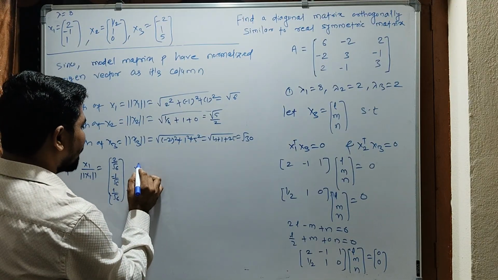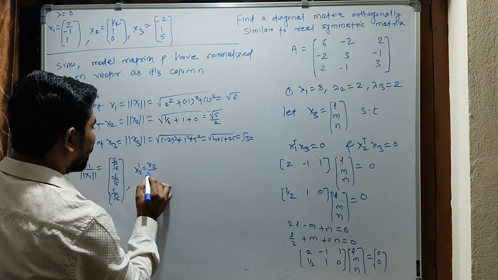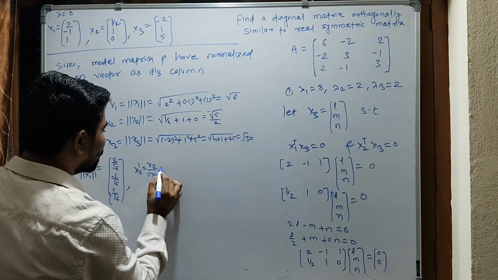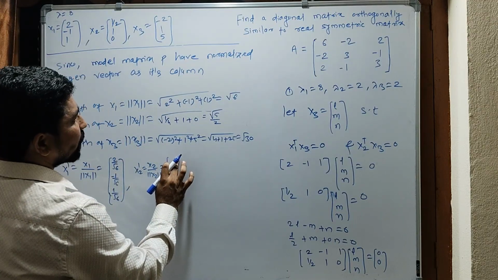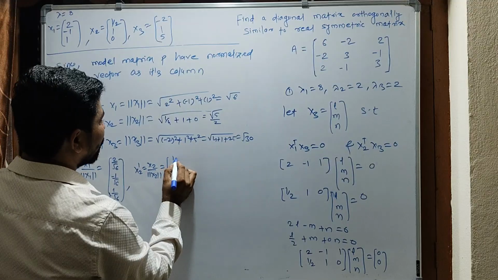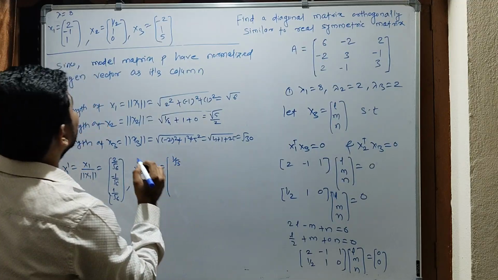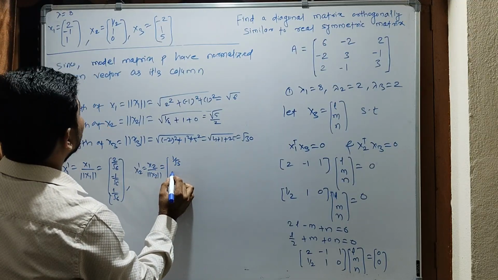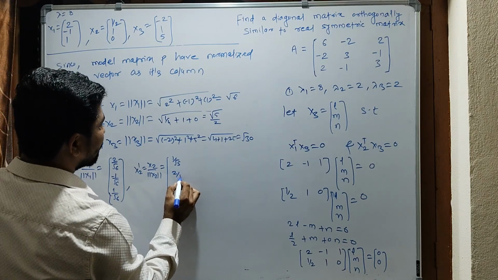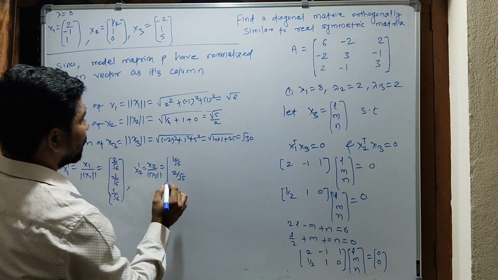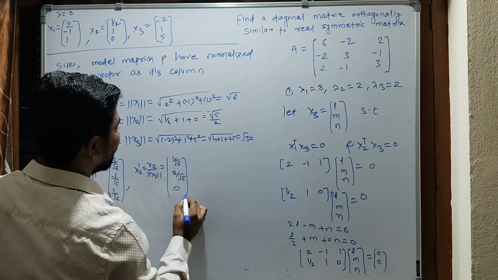Now x2 dash, which is equal to x2 divided by the norm of x2, which is equal to 1 by root 5, 2 by root 5, 0.